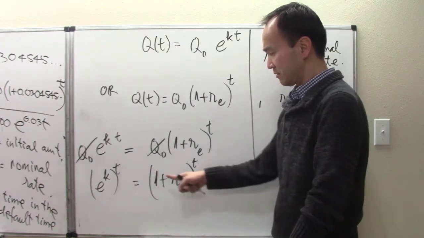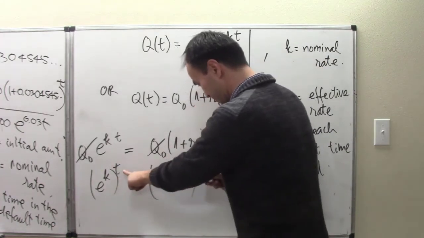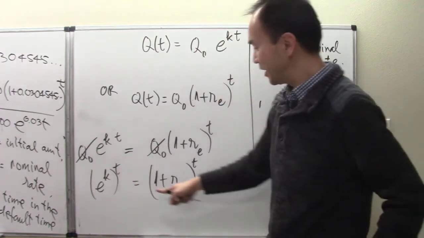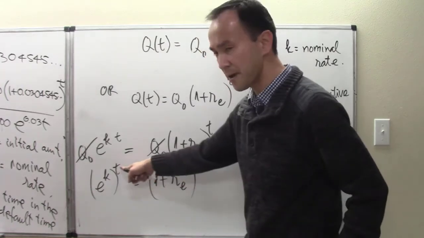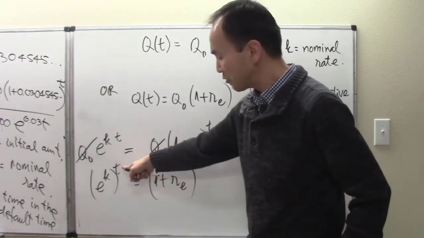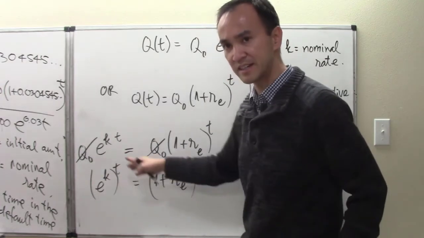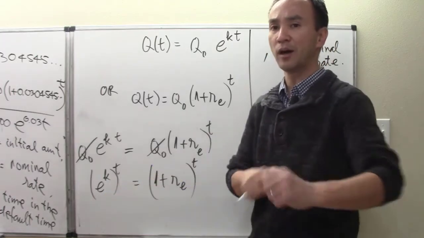But now we have an equation with the same exponents right here. The two sides have different bases, but they are raised to the same exponent t, and they are supposed to be equal according to this equality written here.